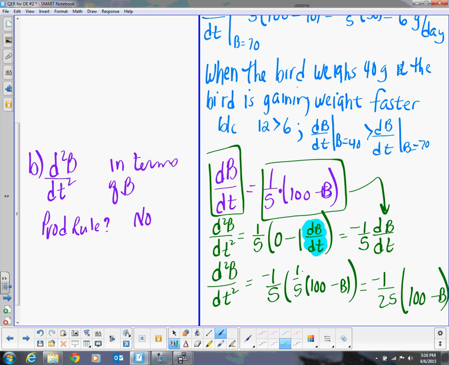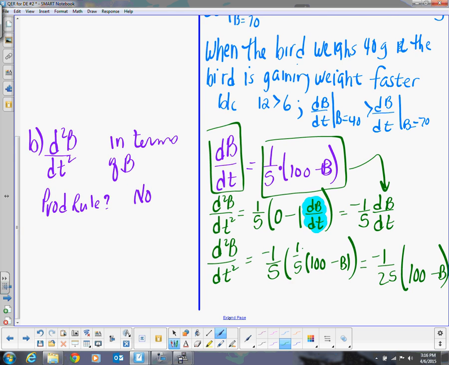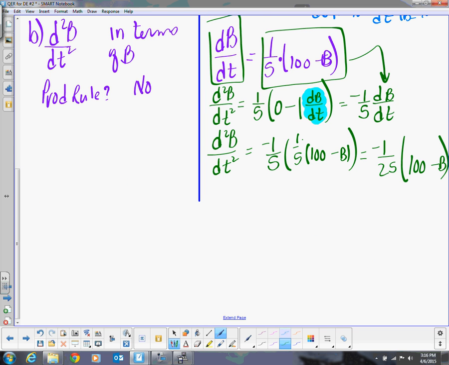Now, I need to explain why the graph of b cannot resemble the following graph. As I look at this, because it's the second derivative, I'm going to see where this second derivative equals 0.